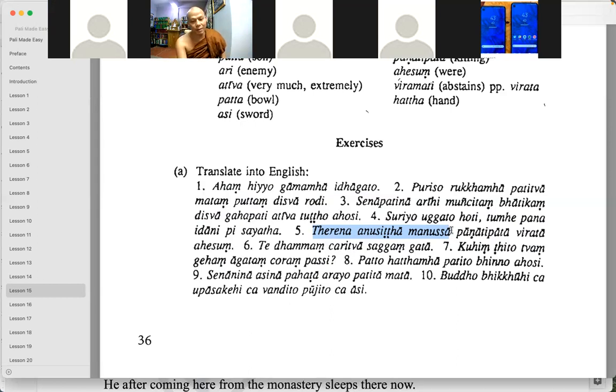Bante, I still don't understand, because when we translate into English, people were admonished and then had abstained, that is not fluent English.